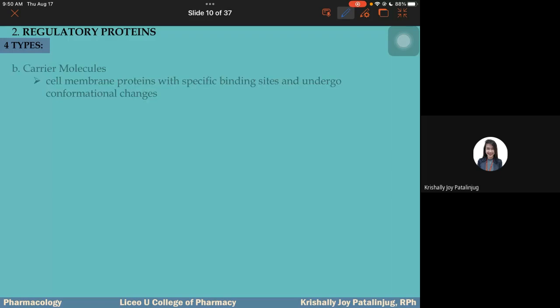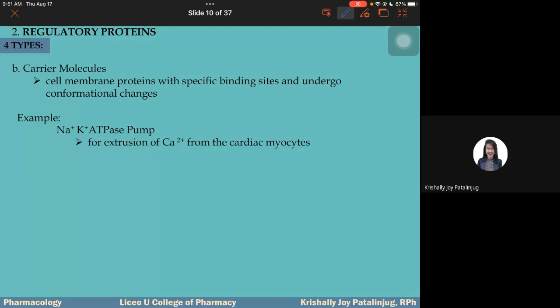Okay, let's proceed. After voltage-gated ion channel, another regulatory protein we have is the carrier molecule. It's a cell membrane protein with specific binding sites that undergoes conformational changes. For example, we have the sodium potassium ATPase pump. The function of this exchanger is for extrusion of calcium ion from the cardiac myocyte.